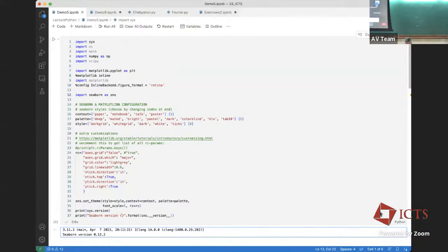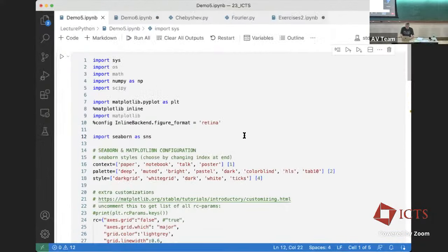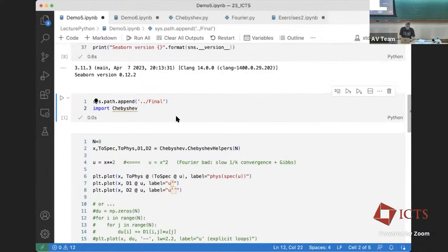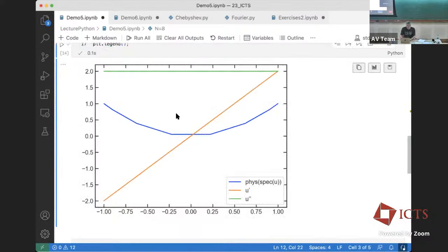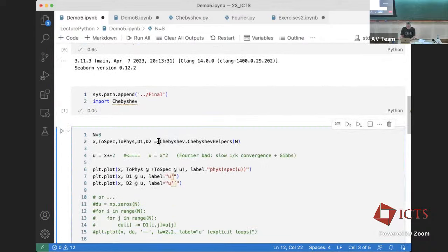And over the course of yesterday, you developed basically this nice little helper function, Chebyshev helper, that returns the grid points for a given expansion order n, and it returns all the various useful matrices. The two spectral, two physical, the first derivative matrix, and the second derivative matrix, which is just this one multiplied with itself.